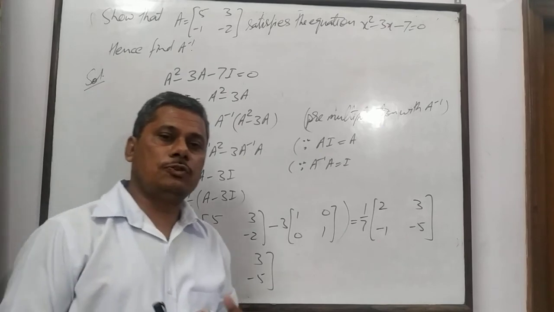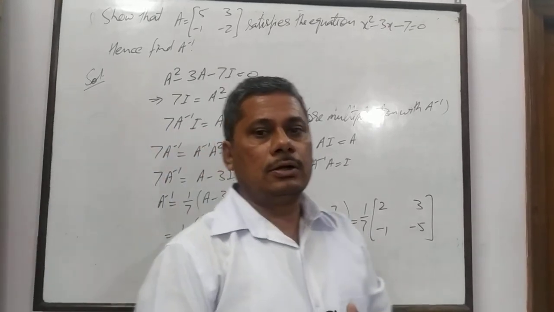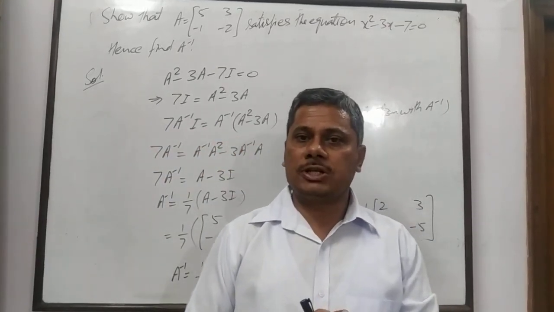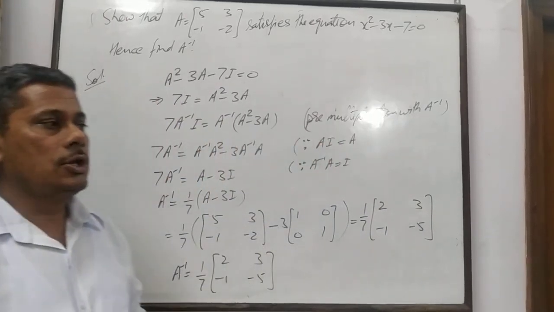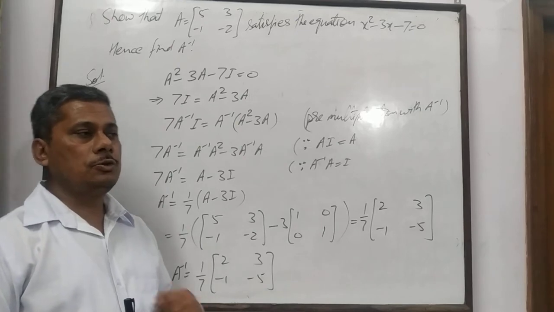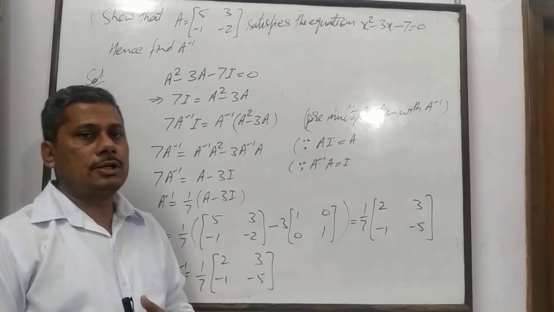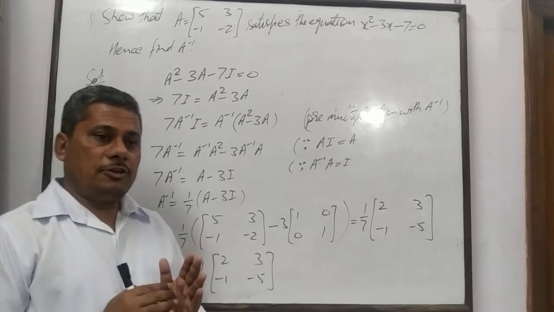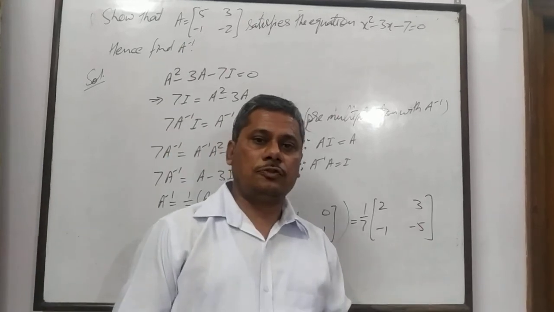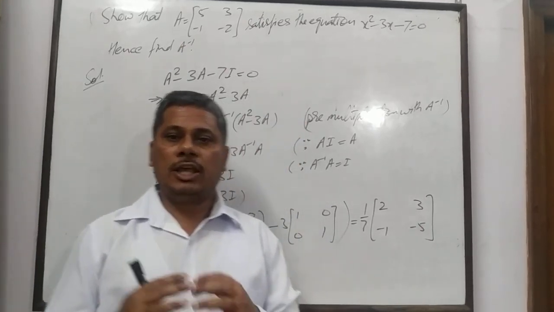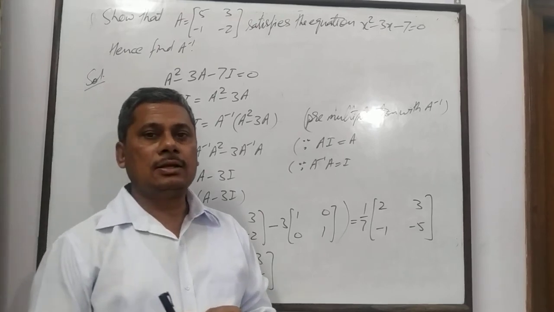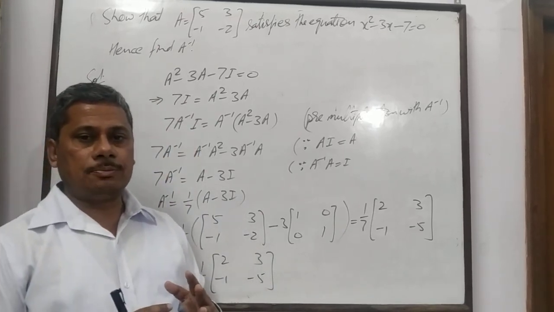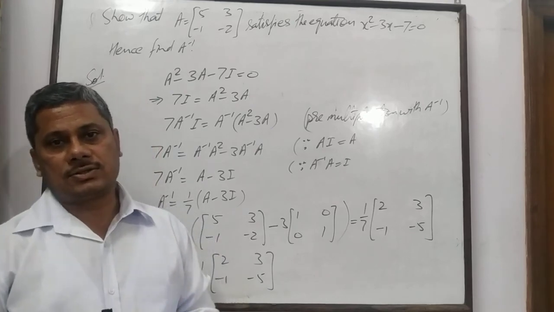If you have been asked to find the inverse by using elementary row operations, then you have to find it by using elementary row operations. You cannot use adjoint over there, you cannot use the equation over there. So if a method has not been specified, then you are free to use any of the methods. But if a specific method has been asked in a question, then you need to do the same. Thank you.